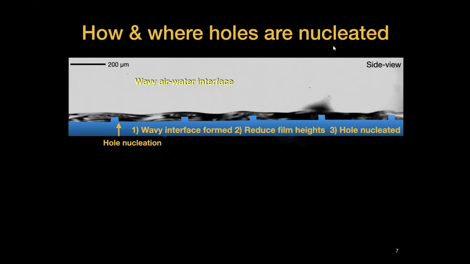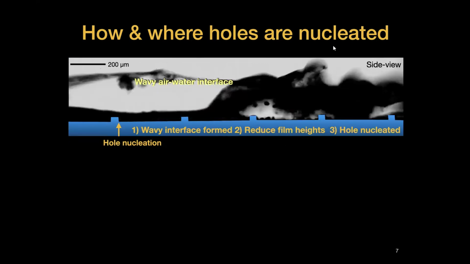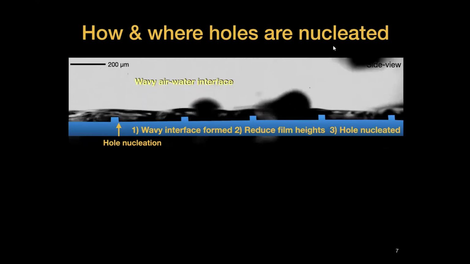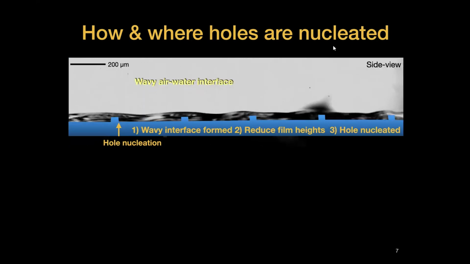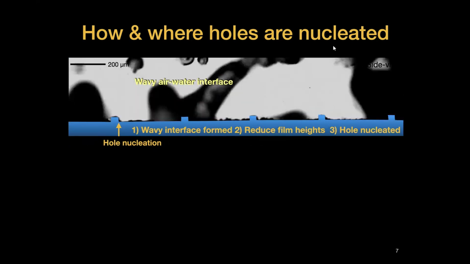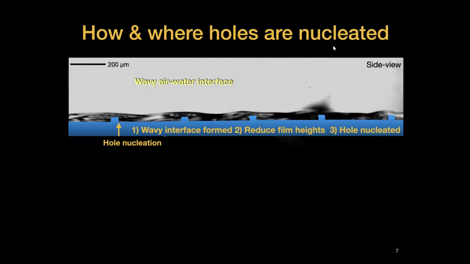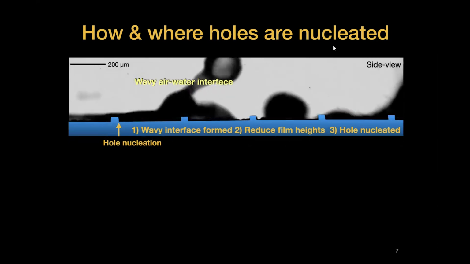There are a couple of things you're going to see. First, you're going to see a wavy surface form due to the microstructures inside. The other thing is the reducing thickness of the film, which makes sense because once the drop impacts, it spreads, and as you increase the area, you reduce the thickness.